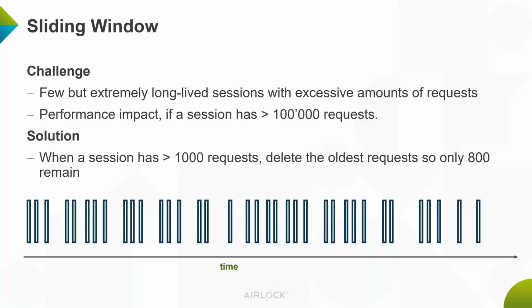If a session has more than 1,000 requests, we just delete the oldest 200, so only 800 remain. For machine learning, for our algorithm, that's enough data within the same session, so we can get rid of these 200 requests and still provide the same functionality.